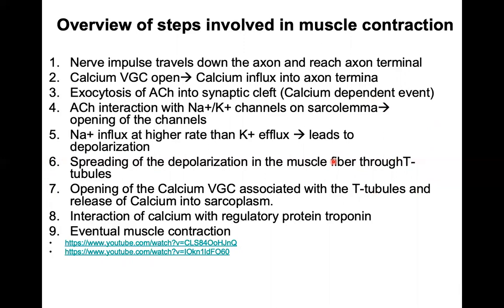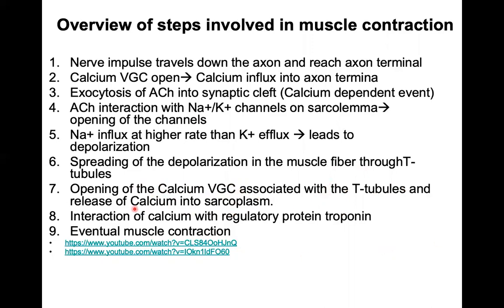You also learned that the T-tubules were surrounded by sarcoplasmic reticulum and terminal cisternae, which contain a significant amount of calcium. Now, this calcium is stuck inside the sarcoplasmic reticulum, and its opening to the outside is protected by calcium VGCs. So when T-tubules spread the electrical impulse, it causes that calcium to be released into your sarcoplasm, which is the space inside the muscle cell.